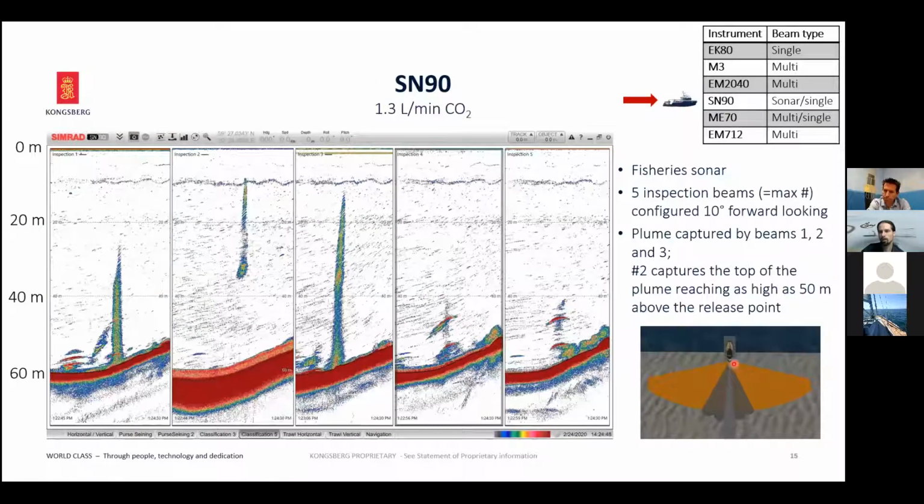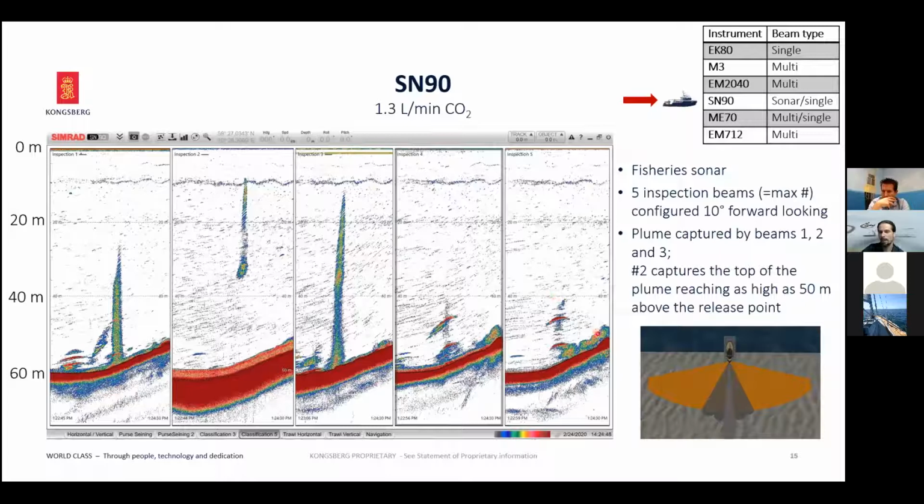Now we move on to the fisheries sonar, the SN90, and again we look at the images obtained with 1.3 liters per minute from the CO2 plume. Here the device was configured with 5 beams, indicated in gray, 3, 4, 5.